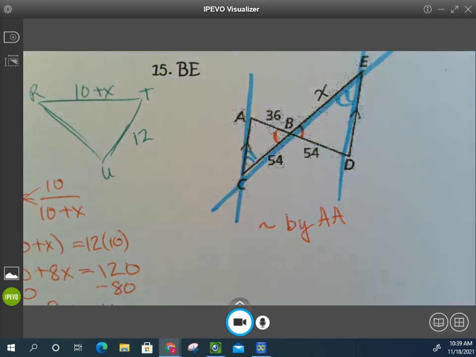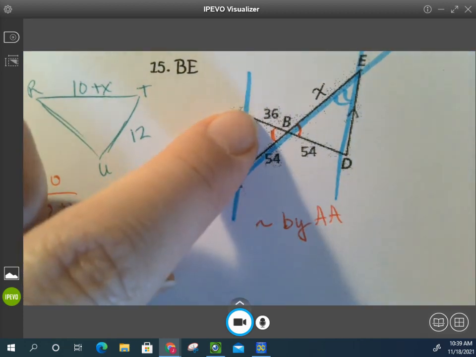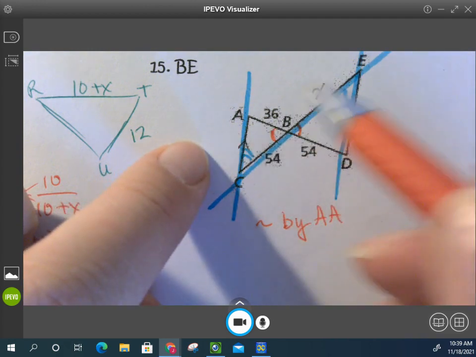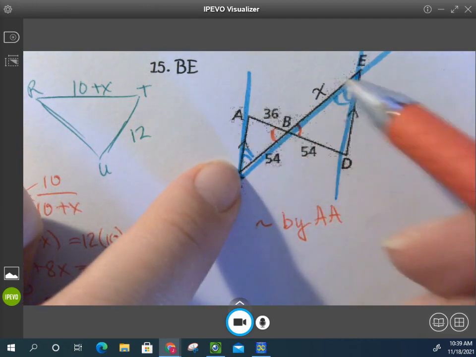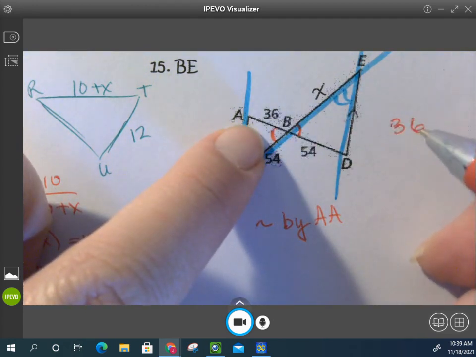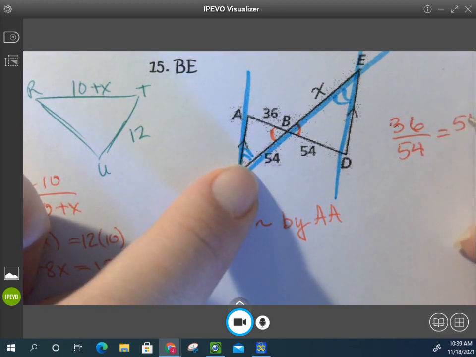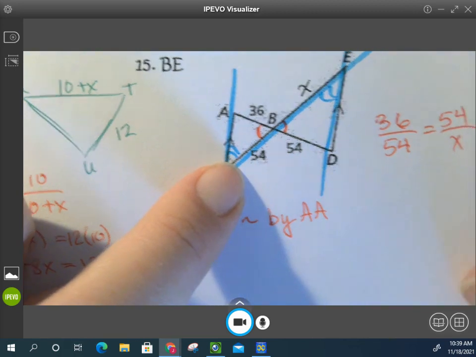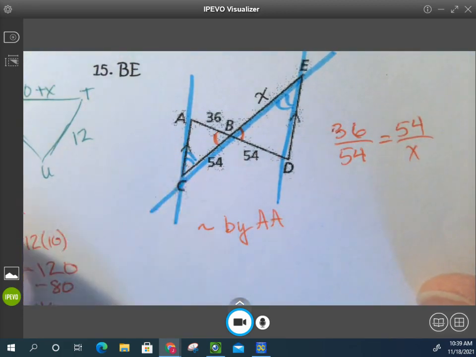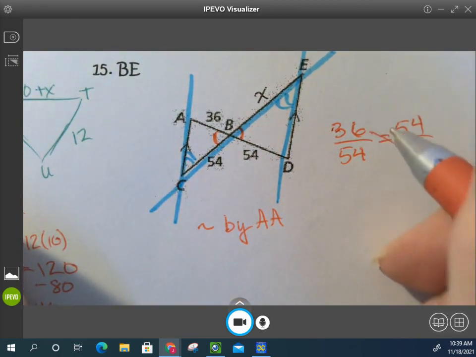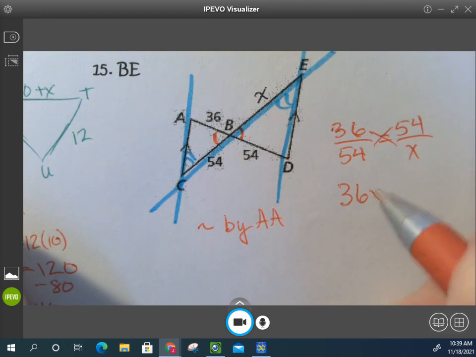And so now I need to find that missing side. So 36, and this gets spun around if you're looking at it. See how this angle's up here? So 36 would go over 54, and then come back here, 54 would go over x. And it's a little confusing because you have those two 54s. All right, cross multiply. 36x equals 2916.